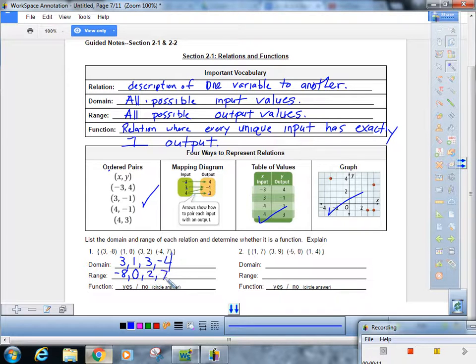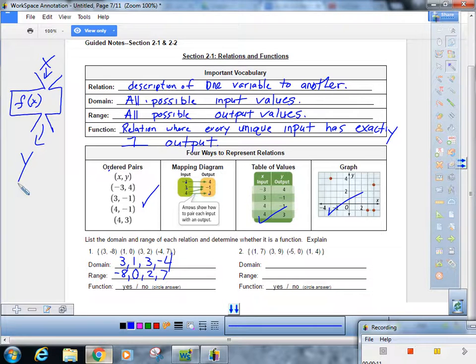Now, here's what I want you to notice. Think about this function like it's a machine. You put a number into the machine, and then this machine does something to the number. In fact, I shouldn't say number, I should say X, because that's typically what we do. We put it in, it does something to it, and then it pops out the result.